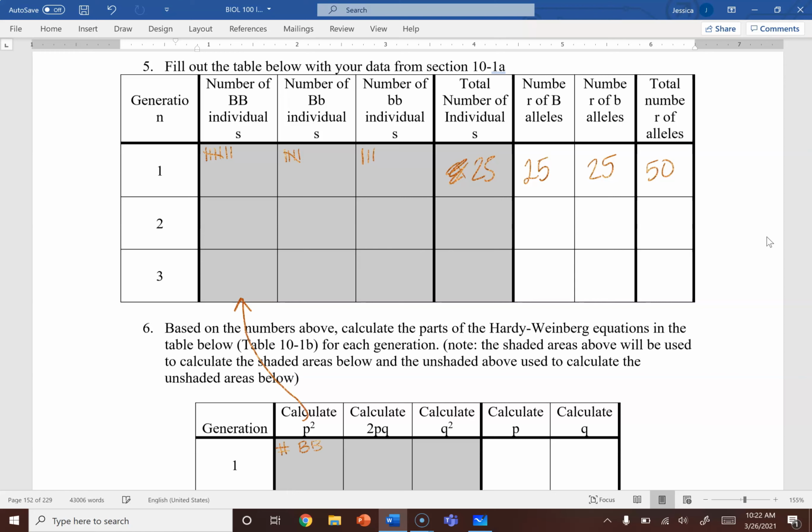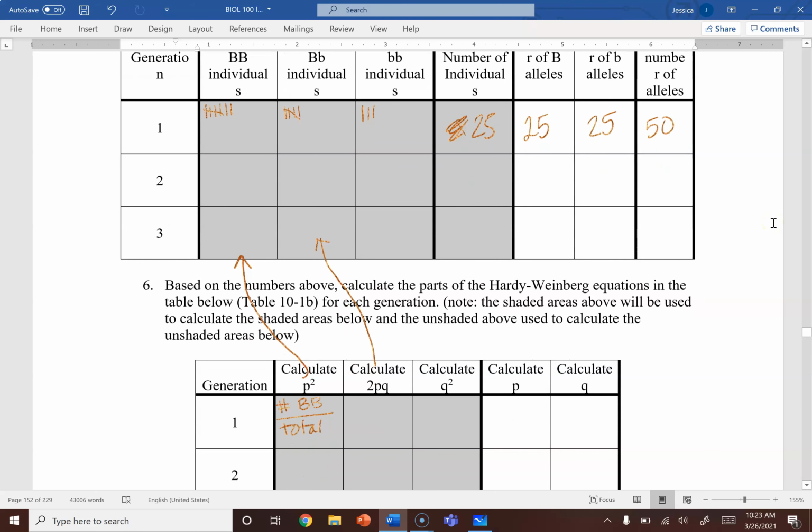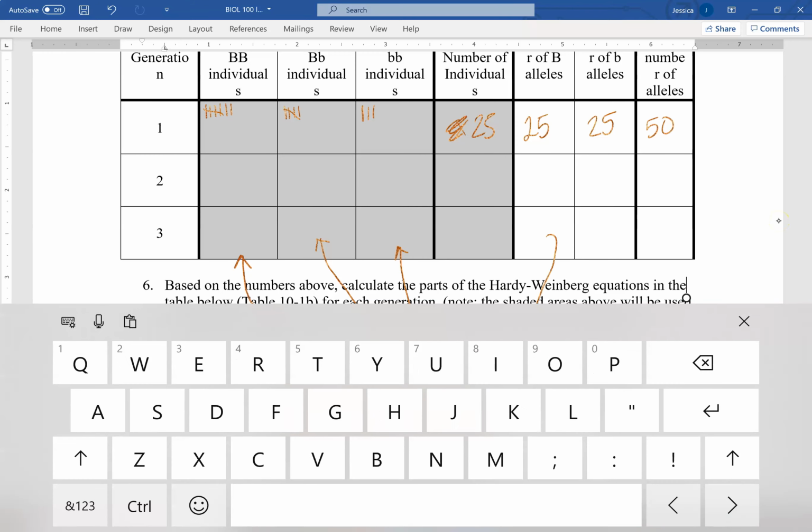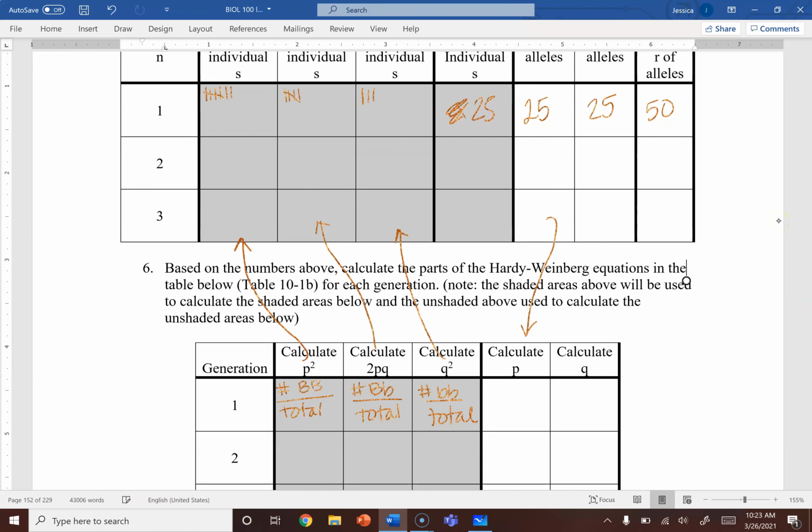For heterozygous, we're going to do the same thing for each generation. For homozygous recessive, you'll do the same thing there. Now, over here to calculate P, you're going to take the number of dominant alleles divided by the total number of alleles.